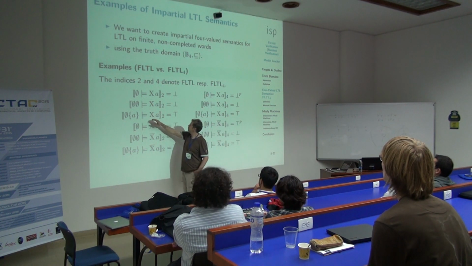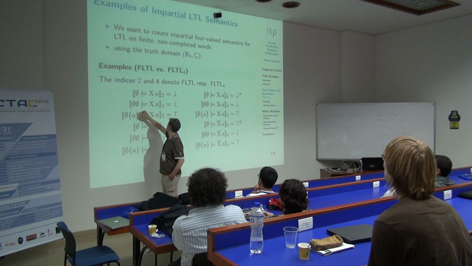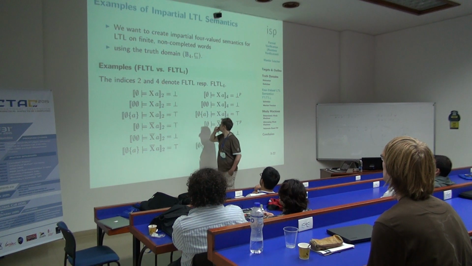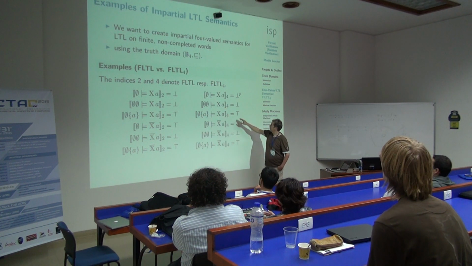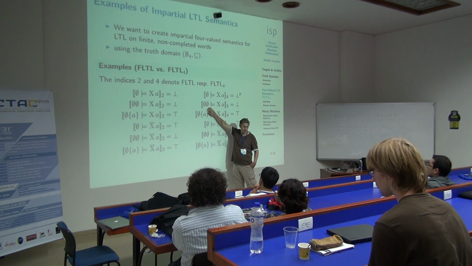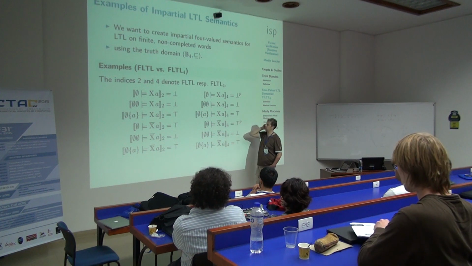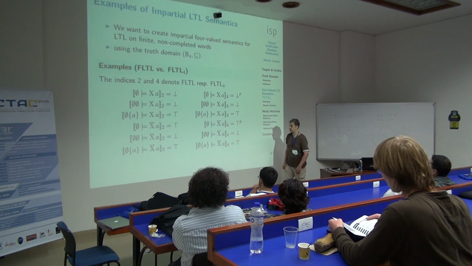So for example, here if we have next A and we have seen two letters, we go for false. And here, when we see the second letter not satisfying A, we go for false. Here we know that we have a real false.